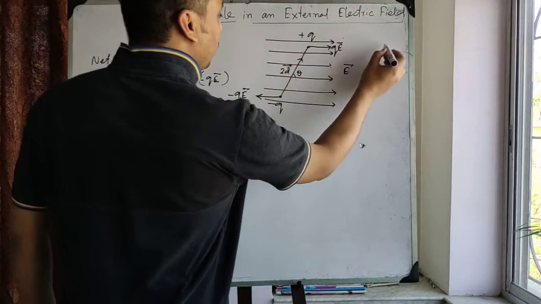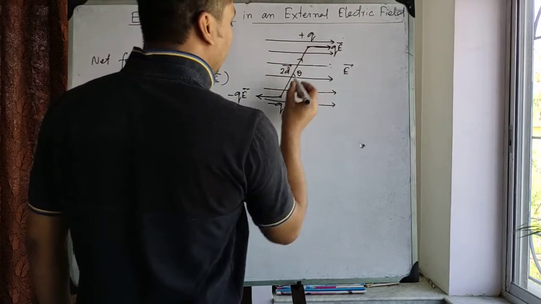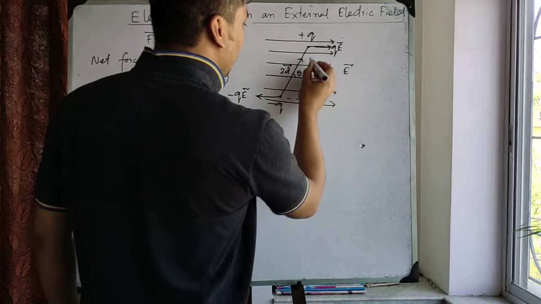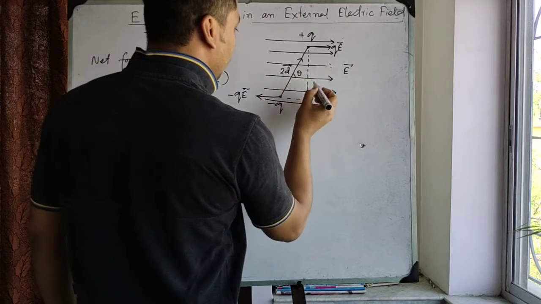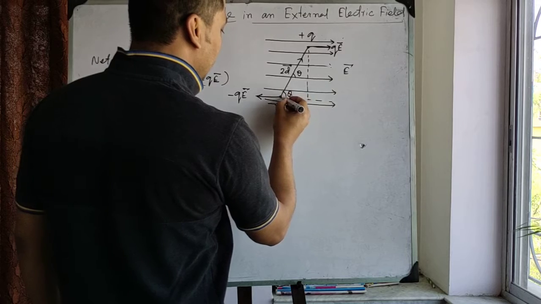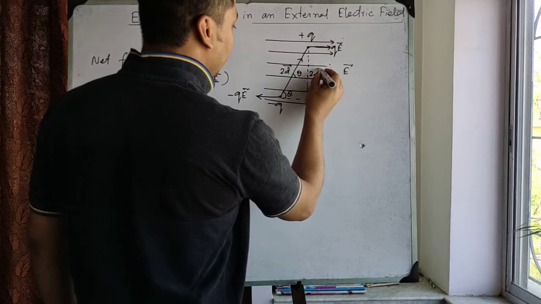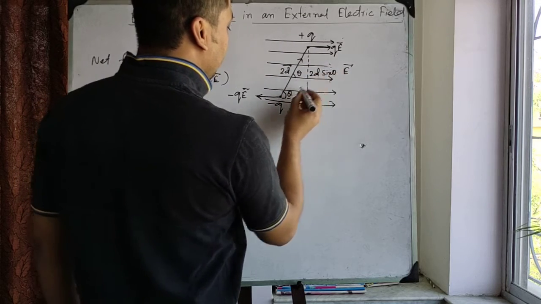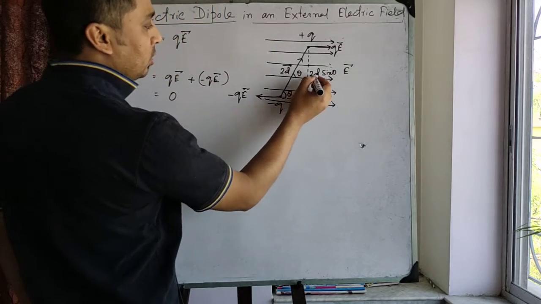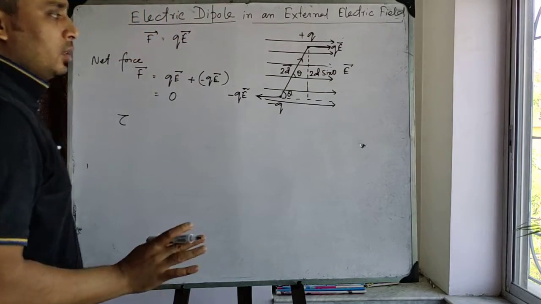This is the line of action of the first force, plus qE, and this is the line of action of the second force. So what is the perpendicular distance between the two forces? If this angle is theta, then this is 2d sine theta, isn't it?